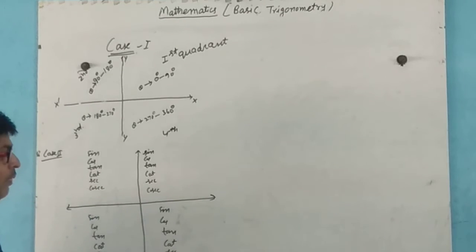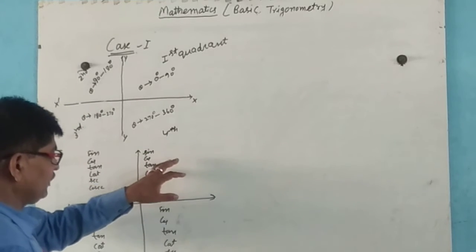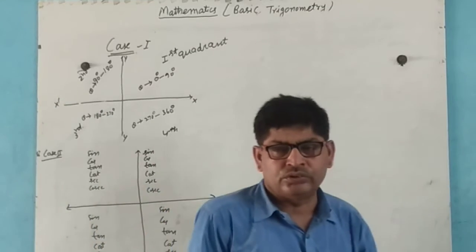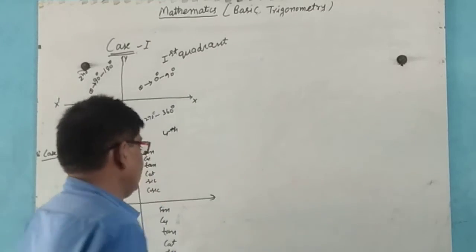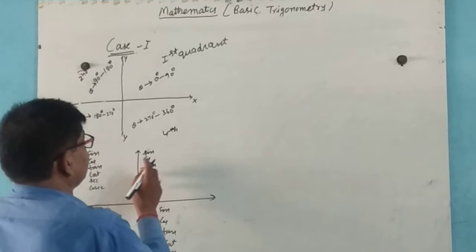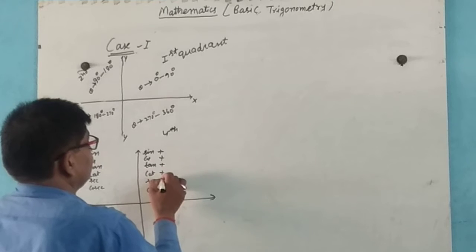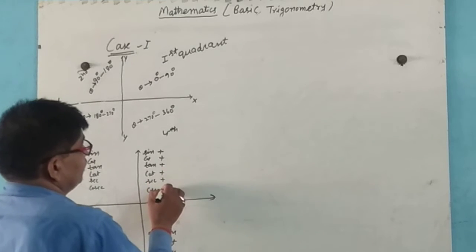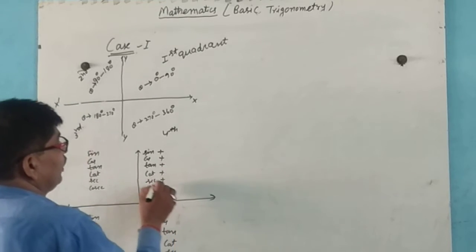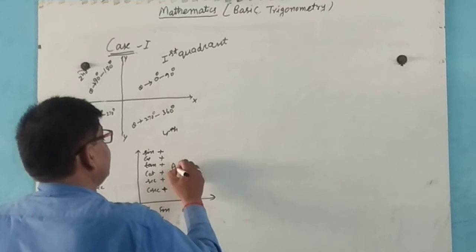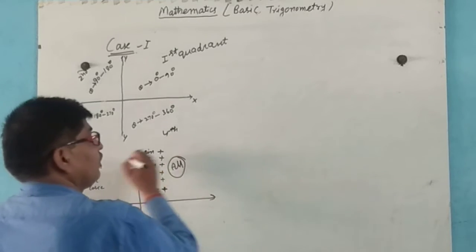Now, sine, cos, tan, cot, sec, cosec, these are the ratios, and from 0 to 90 degrees all are positive. The value of these from 0 to 90 degrees is positive, denoted by "All".